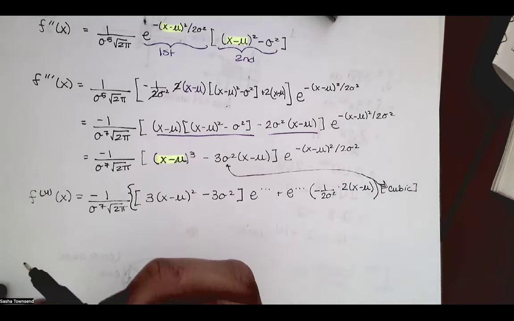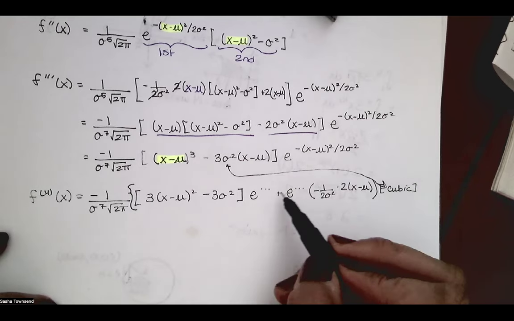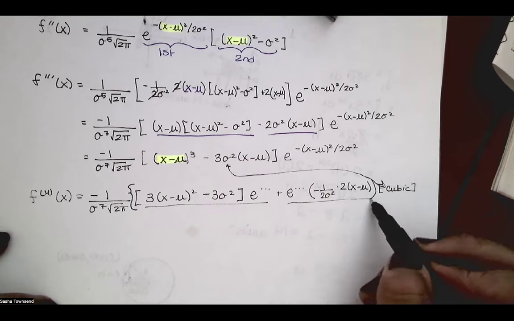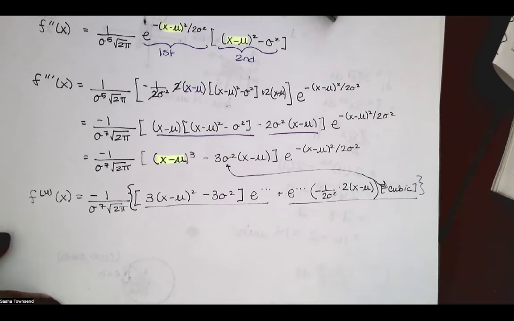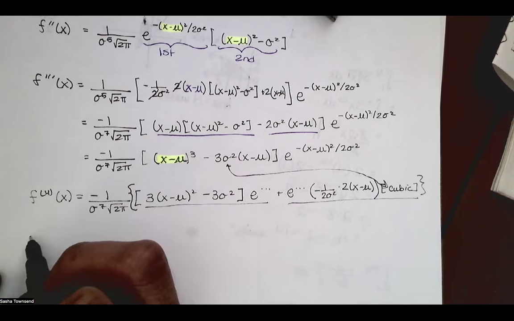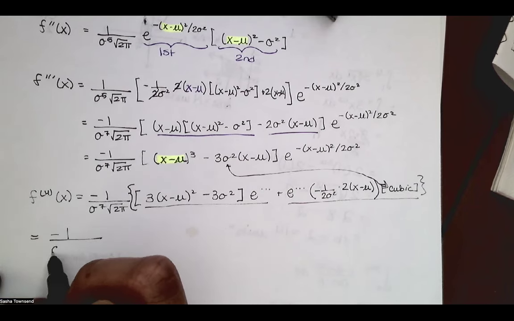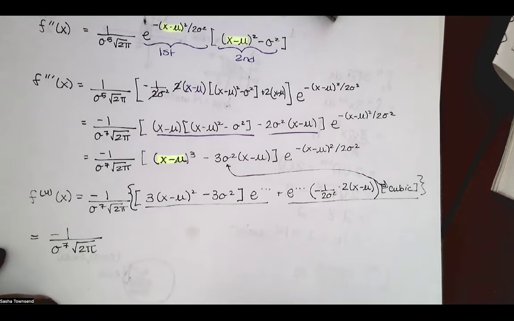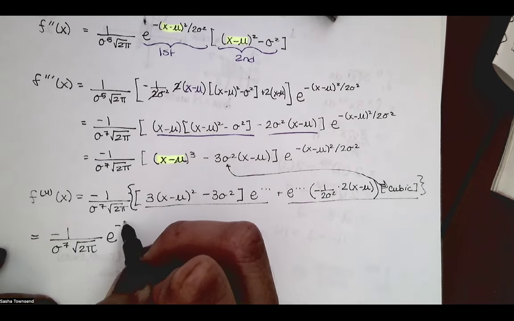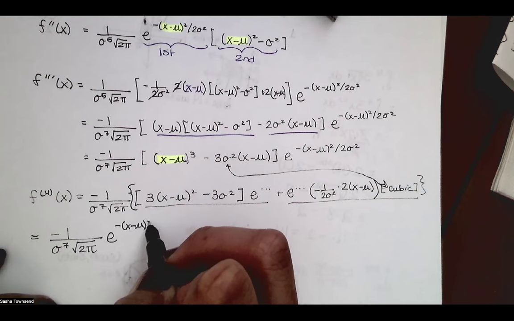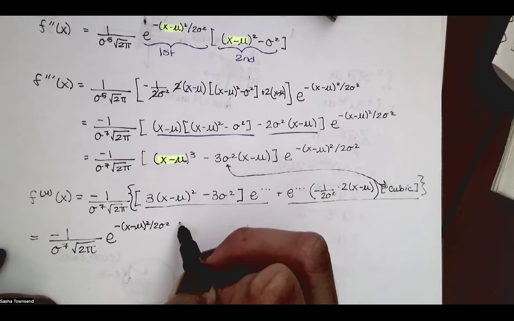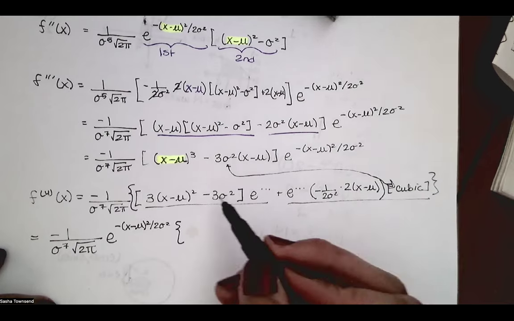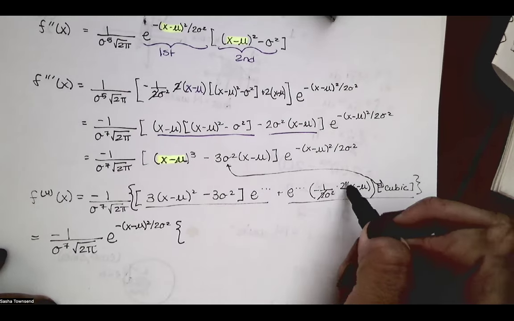It goes there. Okay, so I notice I've got these exponentials in common when I look at this expression and sort of this expression. So I can factor those exponentials out. I get negative 1 divided by the sigma to the 5th times the square root of 2 pi. And then I have that exponential, and I think I'll write the exponent this time. And then we've got, well, we can factor out a 3 from this as well. Well, maybe I don't want to factor out a 3.